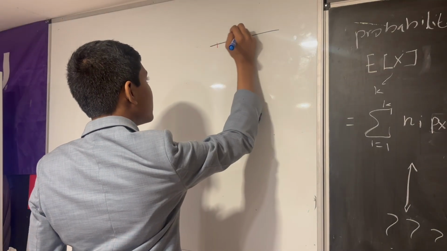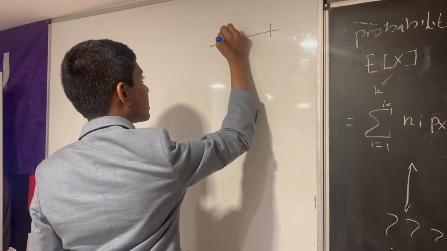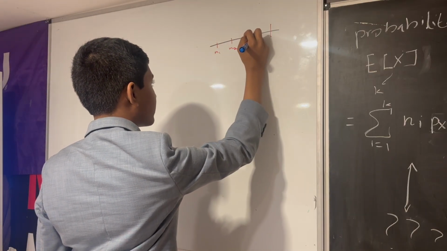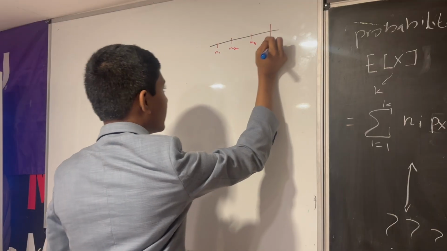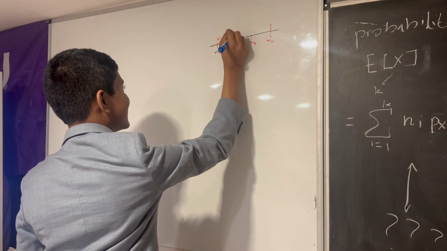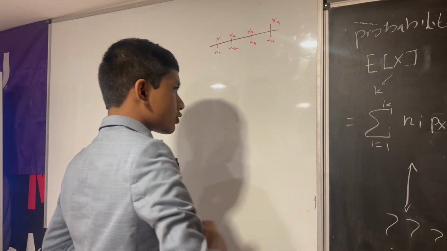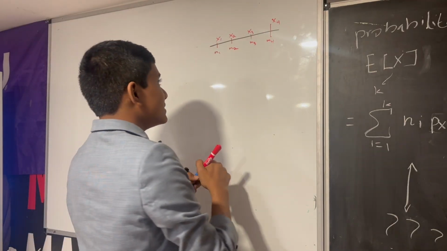Mass number 1, mass number 2, mass number 3, 4, and so on. I'm not going to number them the same. And, of course, they all have different positions. And your question is, where is the center of mass?